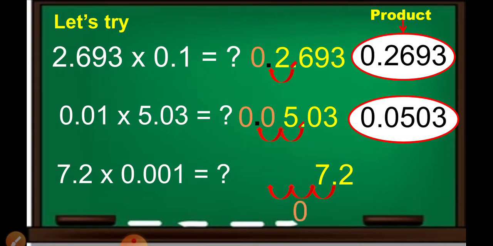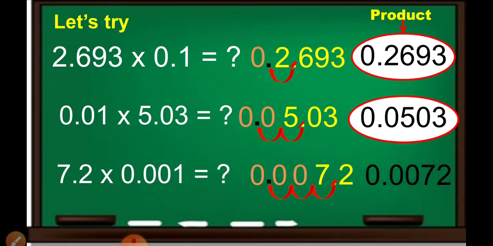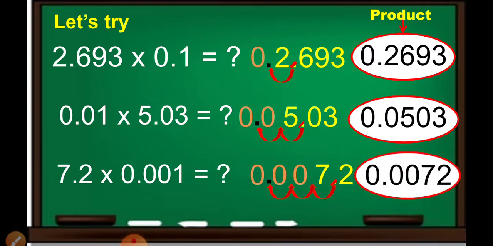Then annex 2 zeros. Then put the decimal point. Then cancel the given decimal point and put 0 in the ones place. And the final answer is 0.0072 or 72 ten-thousandths.